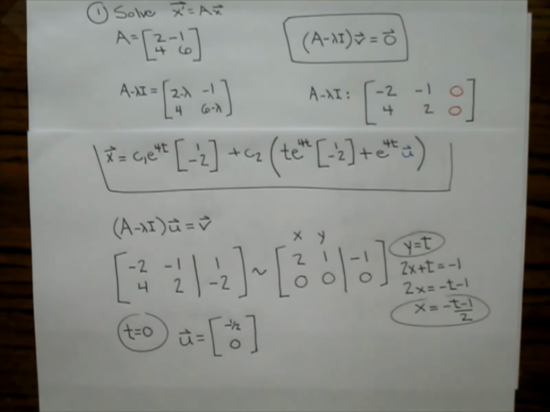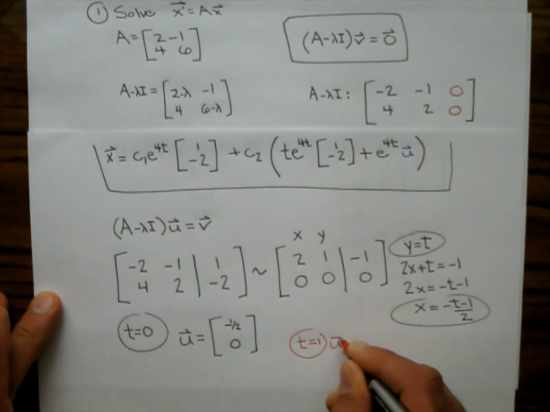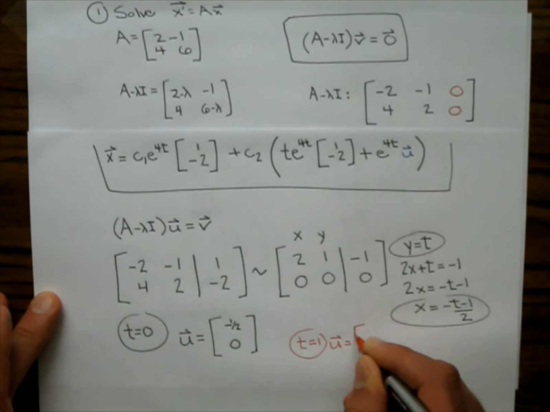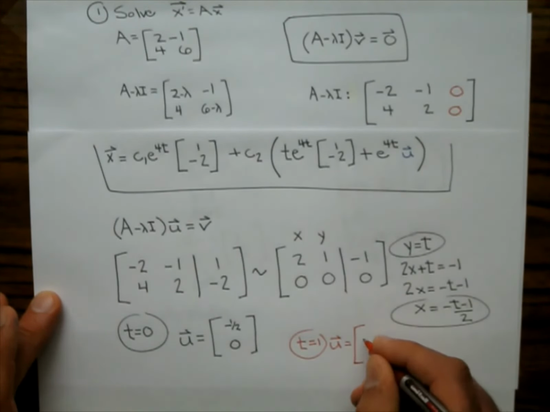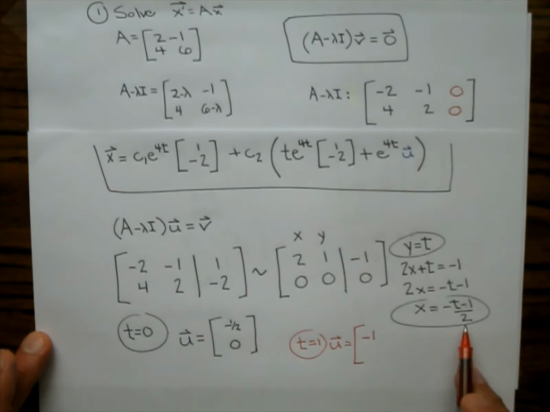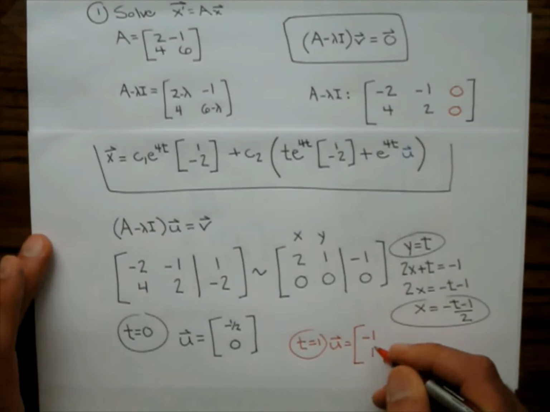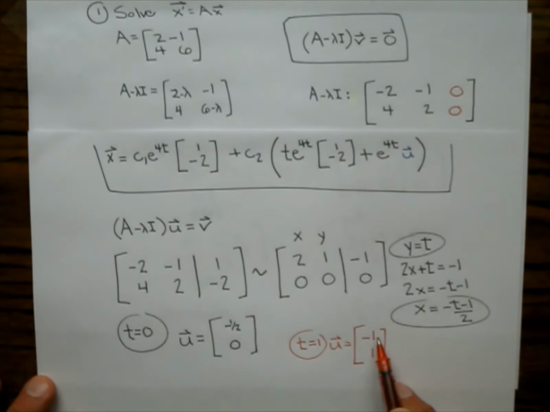So let's just do that in red. I'm not saying this is wrong, but if you had chosen t equals 1, you would have got your u to be -1, and the other one would be 1. If you chose t to be -1, you would have got 0, -1.